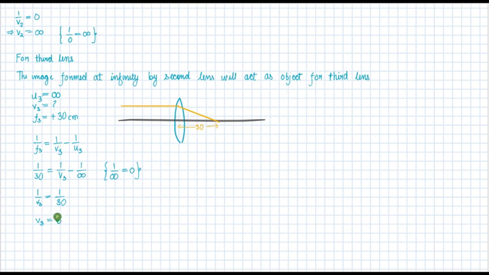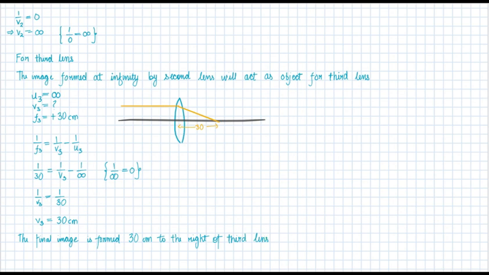So the final image is formed 30 centimeter to the right of the third lens. Why to the right? Since it is positive, that means in the direction of the incident light, which is right. So your final image is formed at a distance of 30 centimeter.